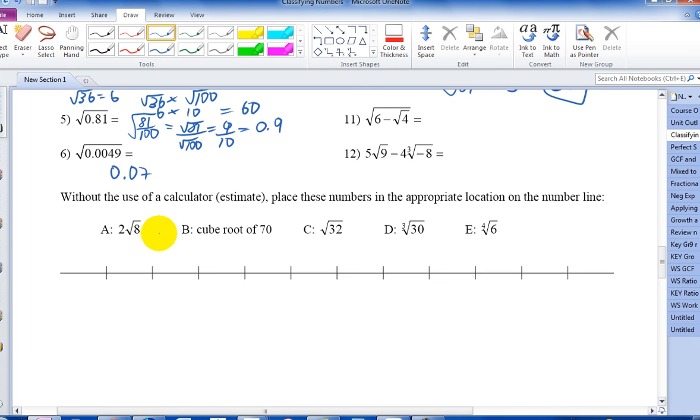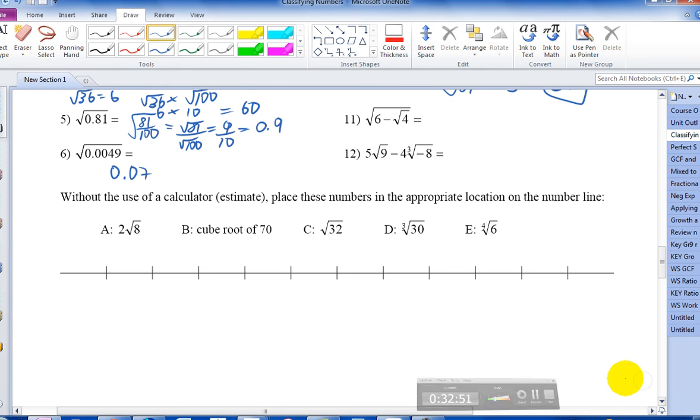So 2 root 8. Okay, so let's just stop right there.